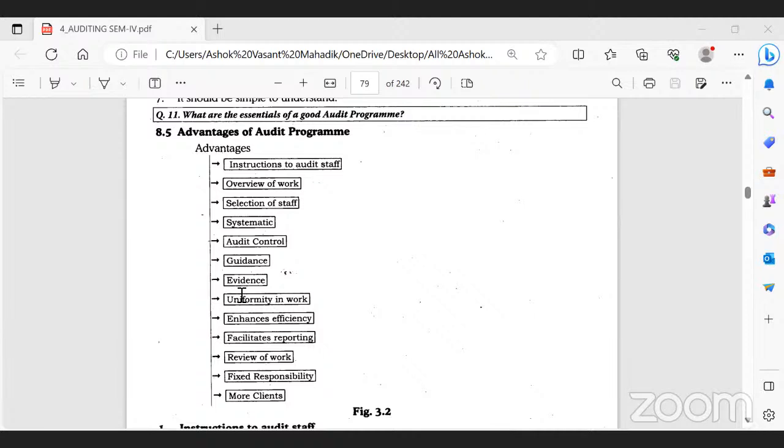The audit work goes on systematically. You have control over your audit work. You can guide the audit staff whenever required. You set the audit program in such a way that it results in collection of evidences. So there are various advantages once you make a good time-bound audit program.